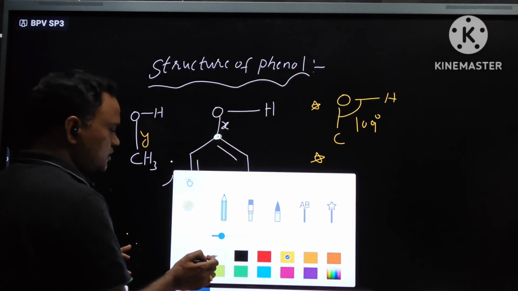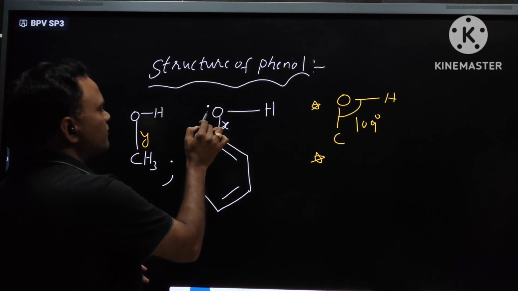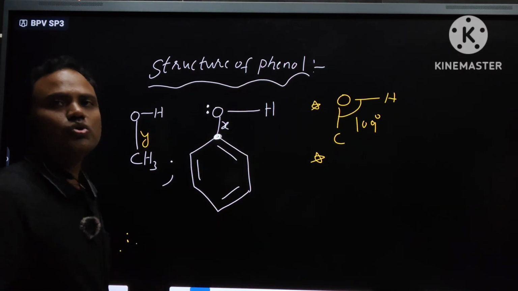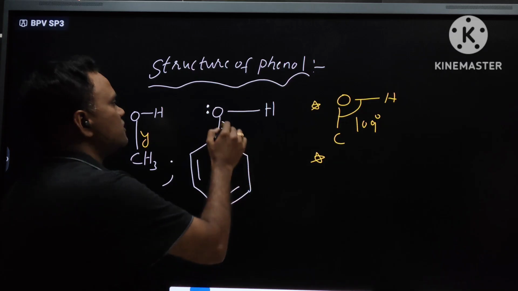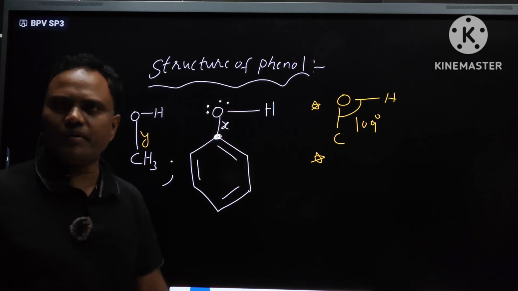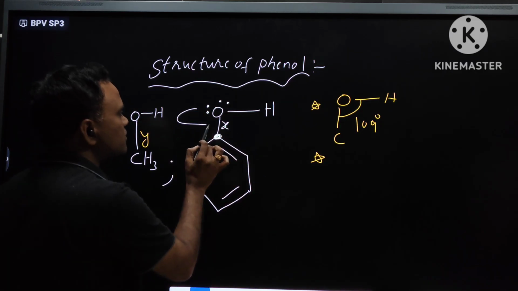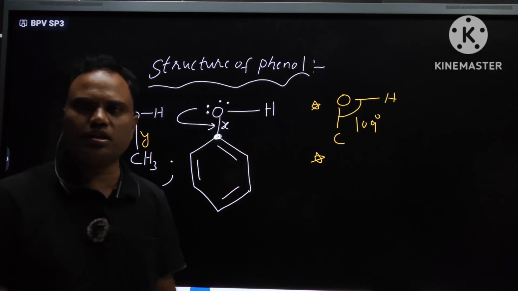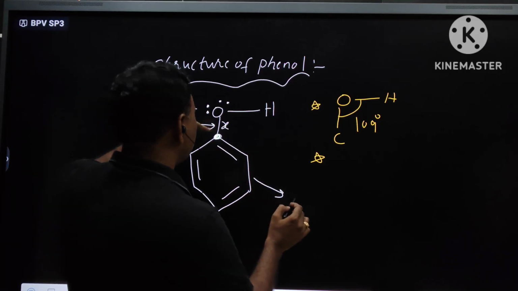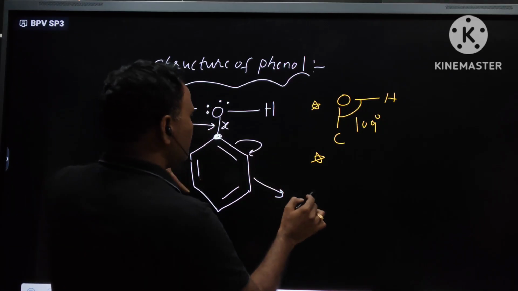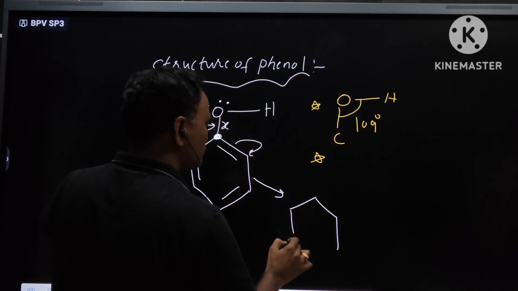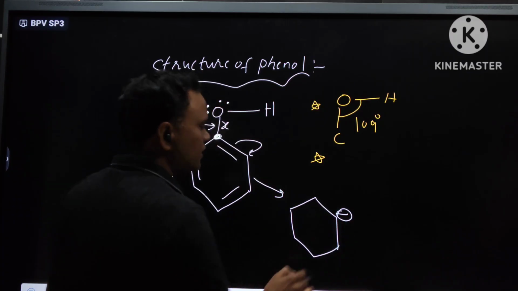See, resonance. Again, we take the help of first year GOC. Due to resonance, oxygen has two lone pairs of electrons. This lone pair participates in the resonance. So what happens to this single bond? The single bond will convert to a double bond. Here you will get negative.